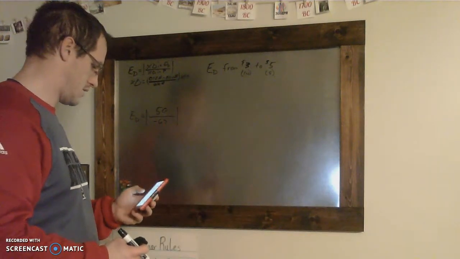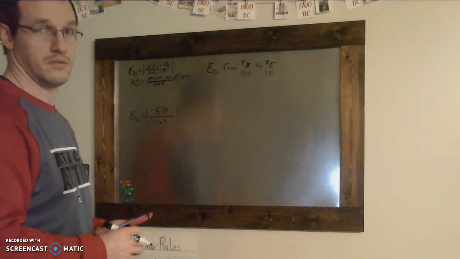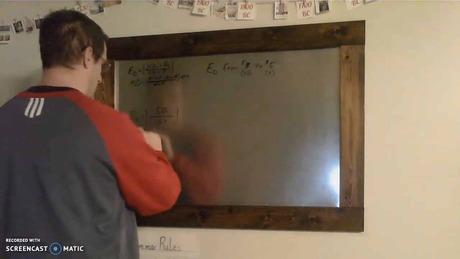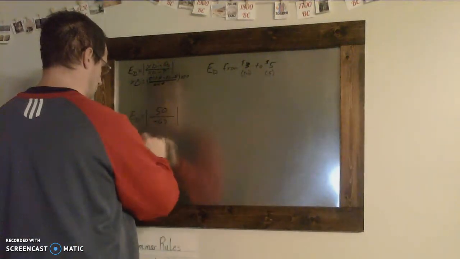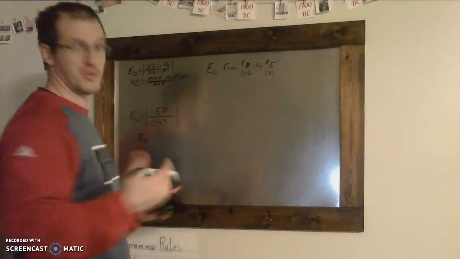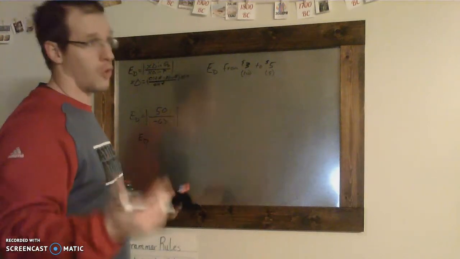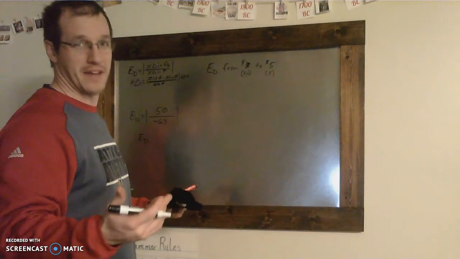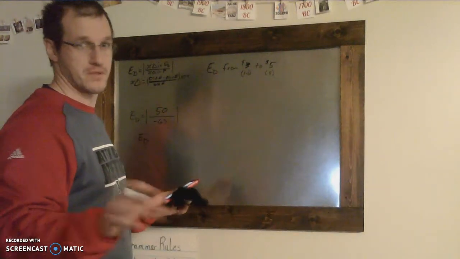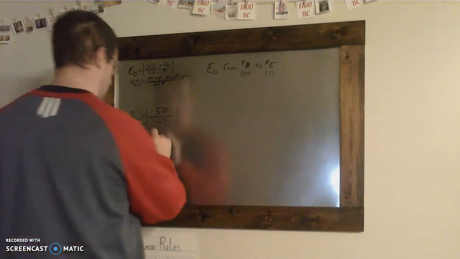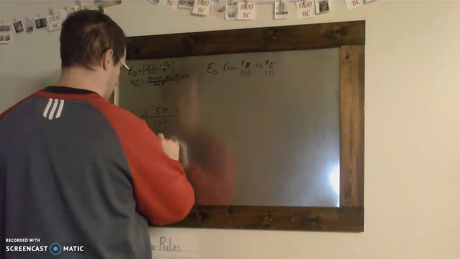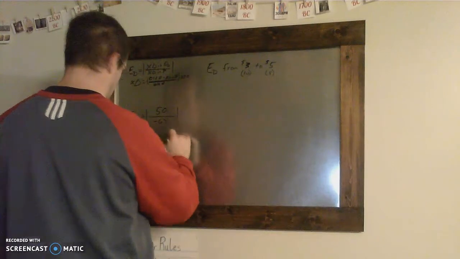Again, this is an absolute value, so the negative does not matter at this point. We can drop the negative. And what we find is that the elasticity of demand for this product, which we didn't even label, normally that would be a very bad economics teacher moment, but for the purposes of this demonstration, that's fine. The elasticity of this demand for this good comes out to be 0.74.